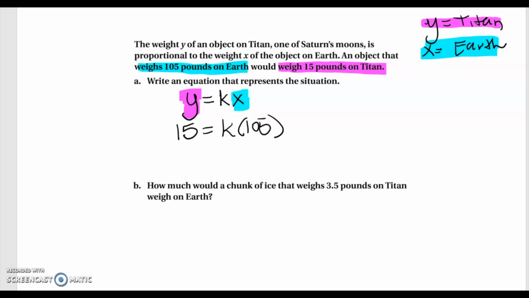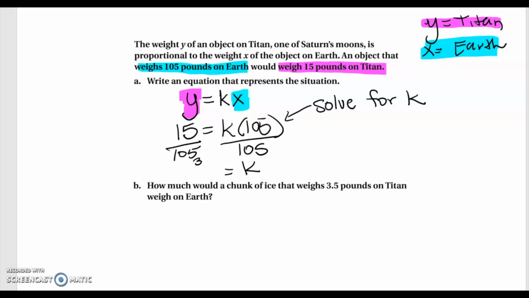So now this is a one-step equation. We need to solve for k by dividing both sides by 105. And that tells us k is, this is a fraction, I can just reduce the fraction by dividing by 5. So I end up with 3 over 21.